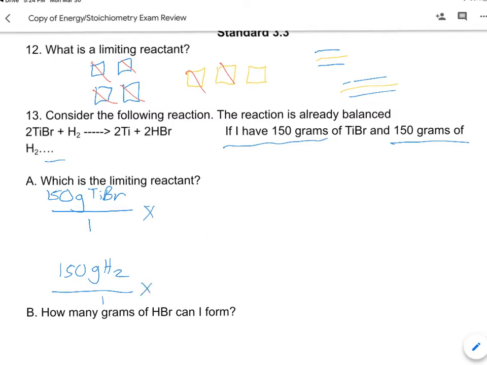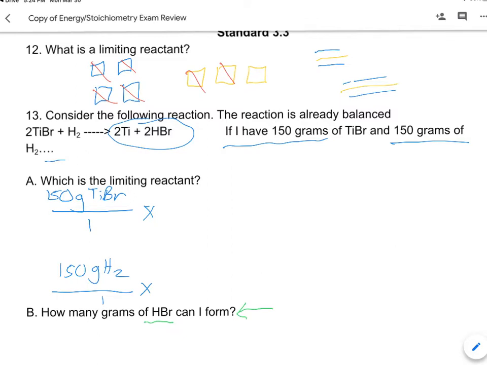And what I'm going to try to see is how much of one of these products can I make. And it doesn't really matter which one you pick. You could pick the titanium or you could pick the hydrogen bromide, but oftentimes there might be a second part to a question like this, and if we look down at part B, it's asking me how many grams of hydrogen bromide can I form.